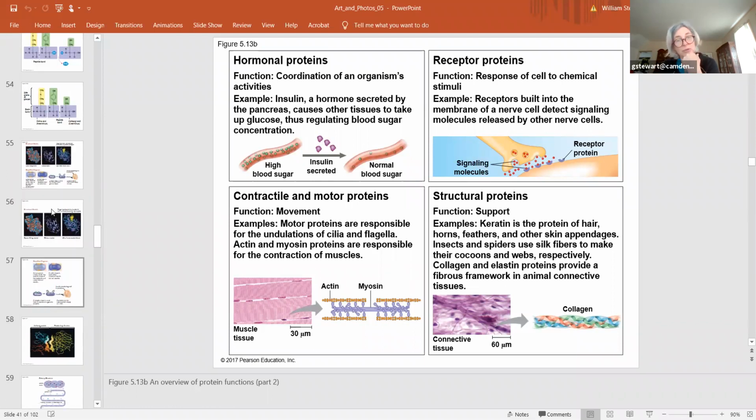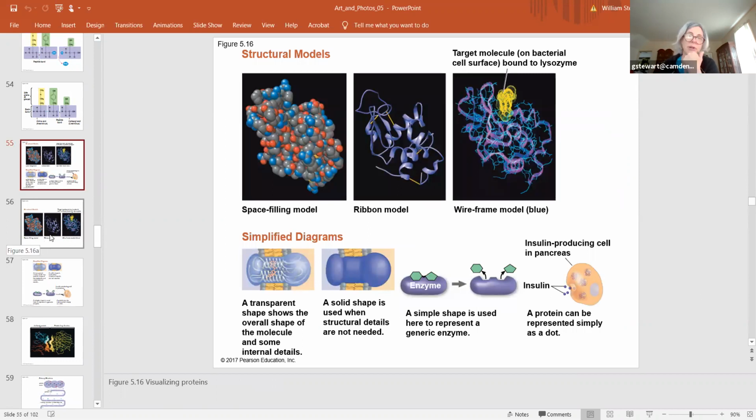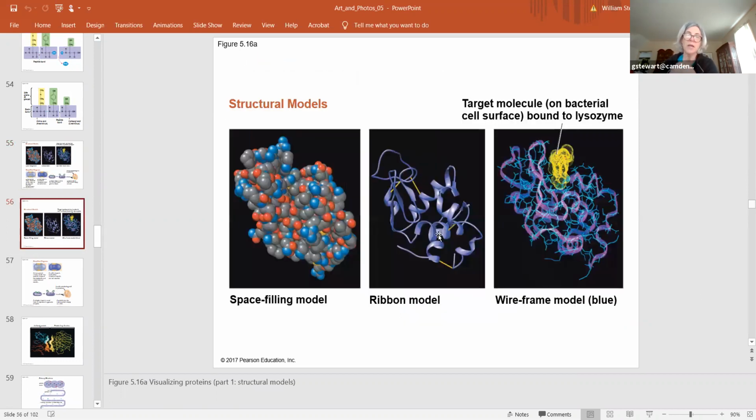Okay, here's just some pictures of proteins because they're pretty to look at. So this is the space filling model. You might recognize this, it looks kind of familiar to when we saw water trying to dissolve a covalently bonded molecule yesterday at the end of chapter 3. This is the ribbon model. This particularly highlights the secondary structure of the alpha helix and the beta pleated sheet.